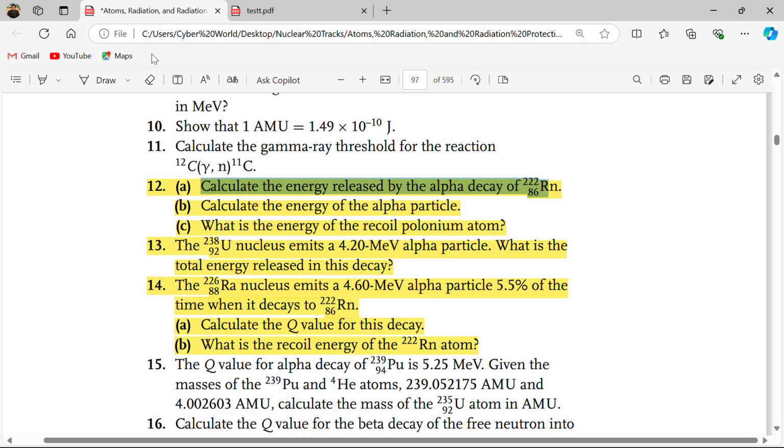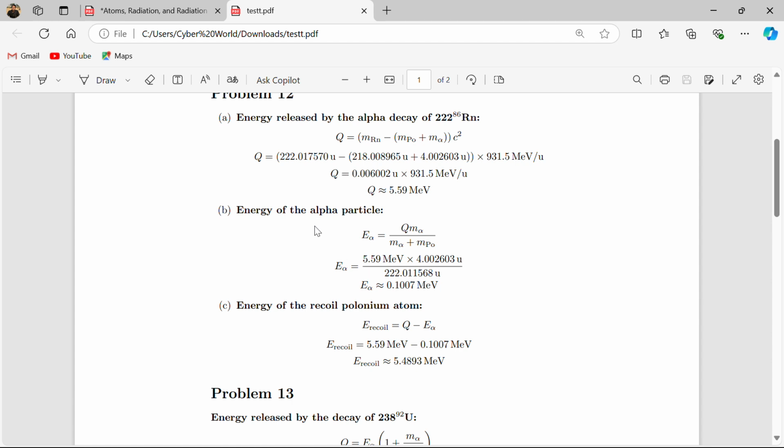Similarly, the last section, part C, asks for the energy of the recoil polonium. We know the total energy released, Q, must always equal the sum of the alpha particle energy plus the recoil energy, because alpha decay conserves momentum.